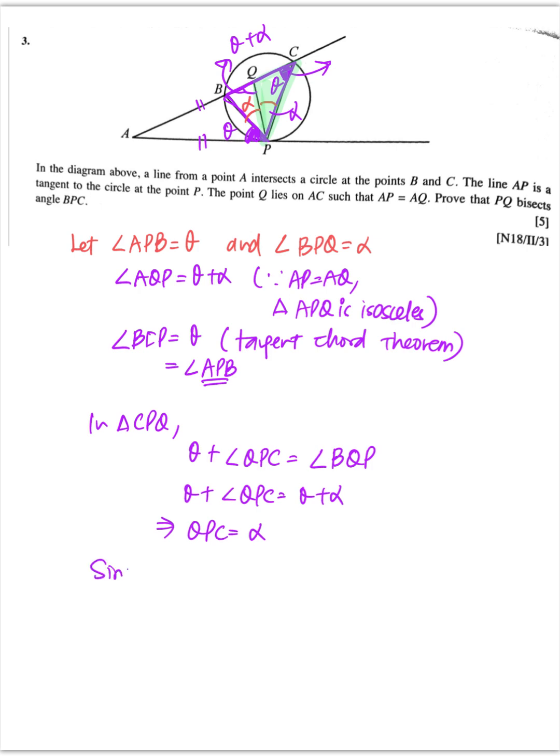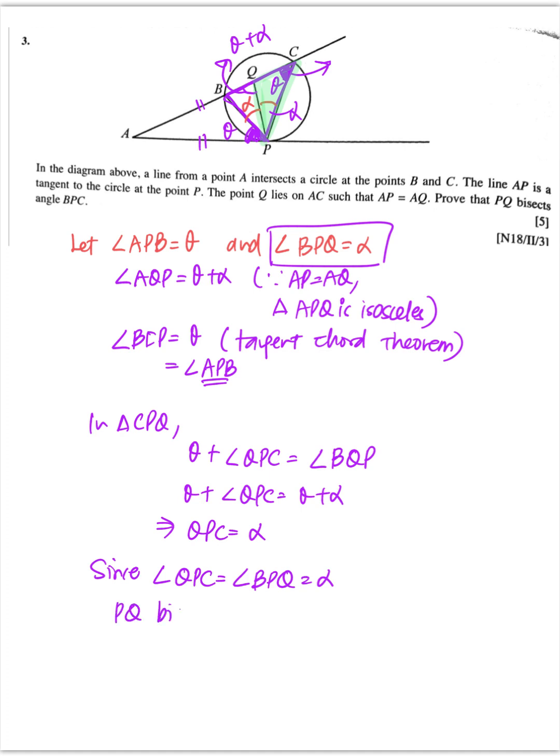So since angle QPC is equal to alpha, where is the other alpha here, right? Is equal to angle BPQ, which is equal to alpha, right?